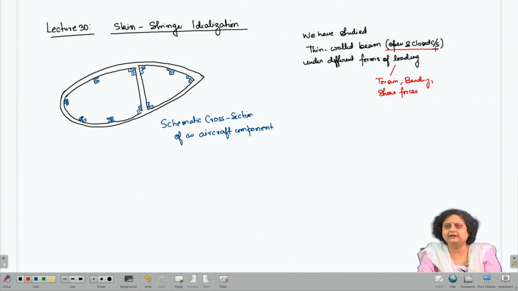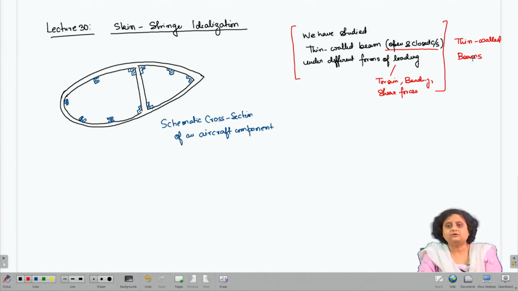If we see that the maximum stress developed is more than the allowable stress, then we have to redesign the beam. So, that is what we have been doing all this while. So, we were mostly confined to analyzing thin walled beams.